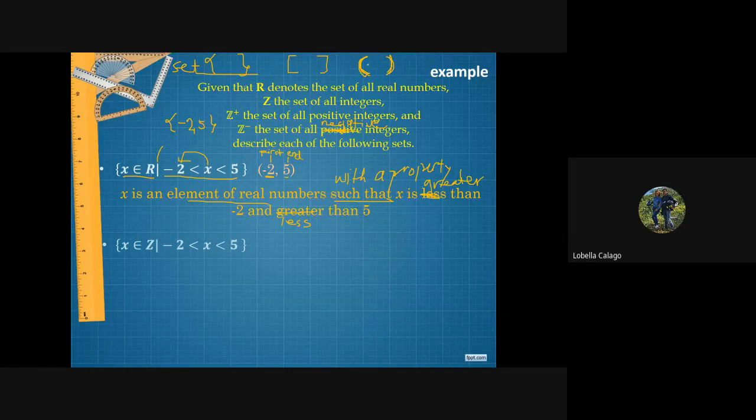Ma'am, what does open and close mean? Open and close parentheses mean that the values you see at the first part and the last part are not part of the set. Because it says here, x is greater than negative 2, so negative 2 is not included. Then why not just put negative 1 and 4, since 5 is also not included?